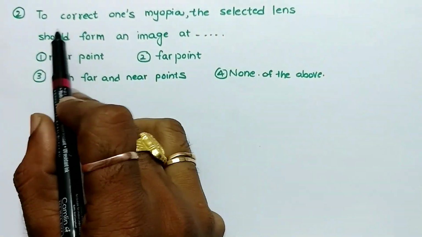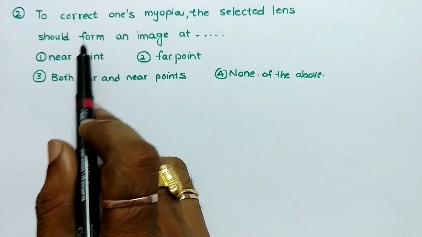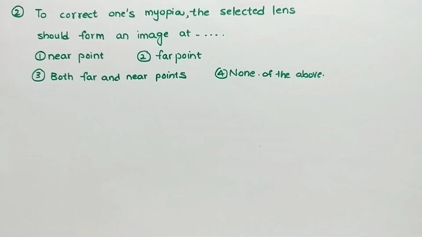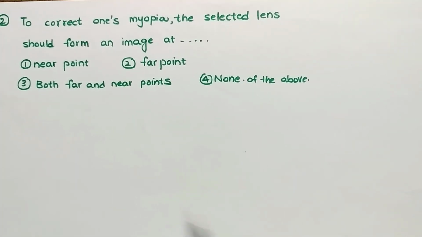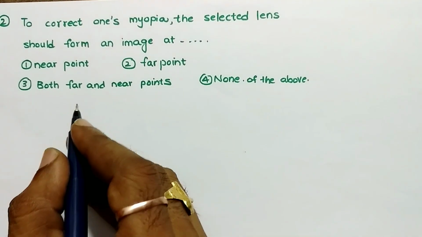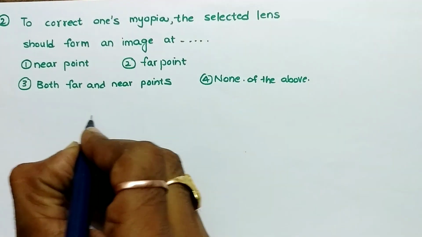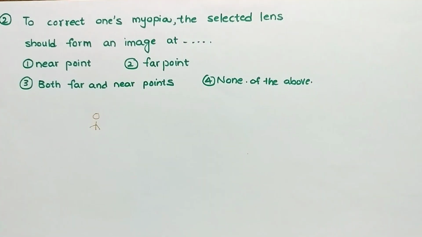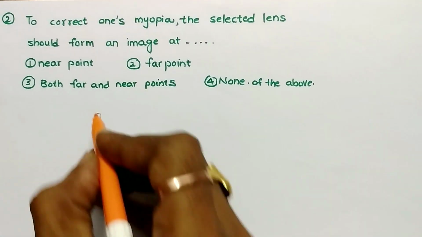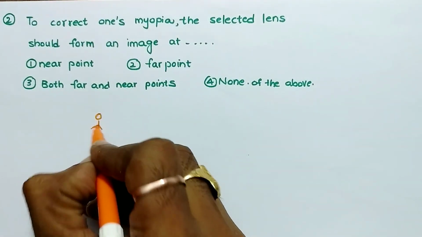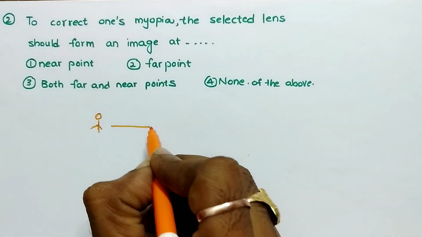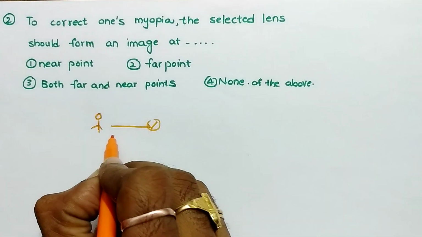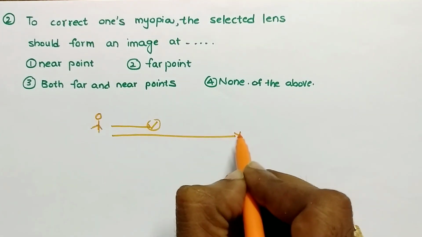Next bit. To correct one's myopia, the selected lens should form an image at dash. So myopia is one of the eye defects. That means a person with myopia can be able to see the objects nearer to them but cannot see the objects away from them.